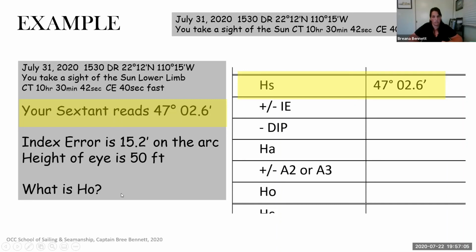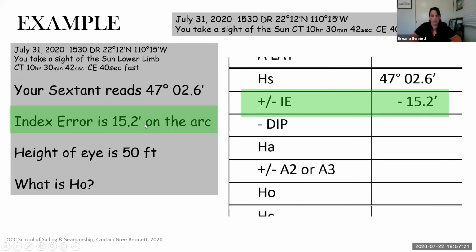What is our HO? So for HS, we put in that raw sextant altitude that we got. That's our HS. And then I can plug in my index error. It was 15.2 on the arc, so I need to take it off.